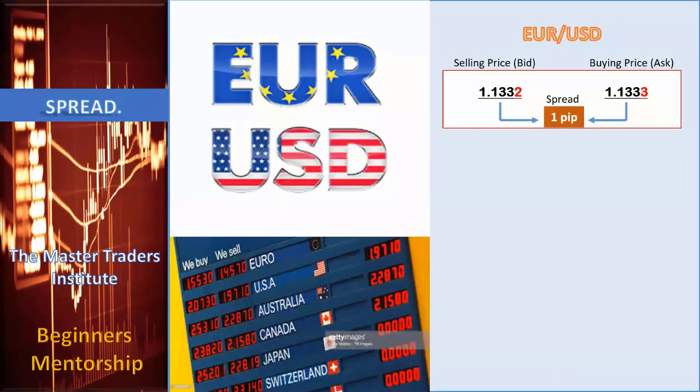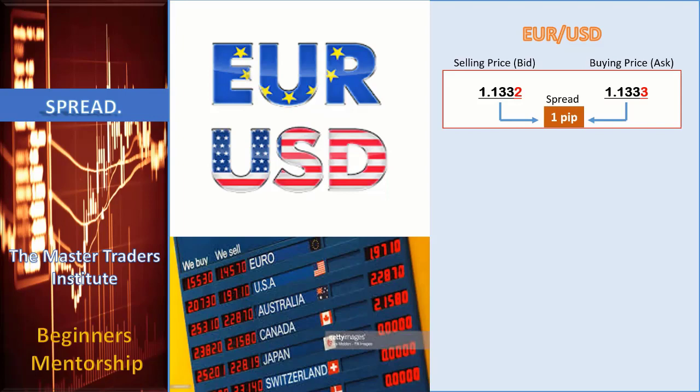Now, if that is clear, we'll move over to the spread. The best way for me to explain spread is if you enter a banking hall, you will always see this signpost or billboard in the bank that lists all the currencies they have: US dollar, euro, pounds, and all of them. They will say, we buy and we sell.